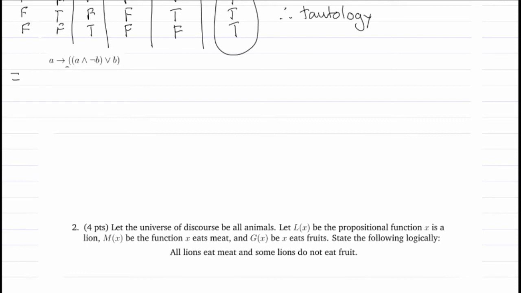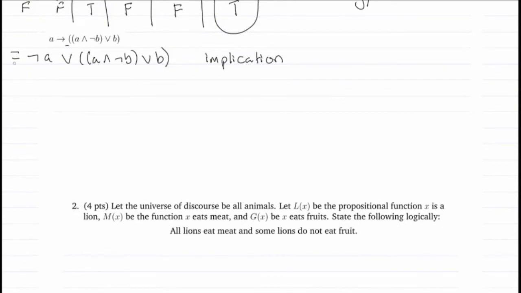The only way we can reduce stuff down using true and falses is using and/or. So let's use the implication relation here so that we can change this to not A or, A and not B, or B. Okay, this is the implication relation that I used here. And next step, remember the three-dash equivalence symbol. Next, if you refer to your rules, this looks very similar to the distributive law, so let's do a distributive law on this.